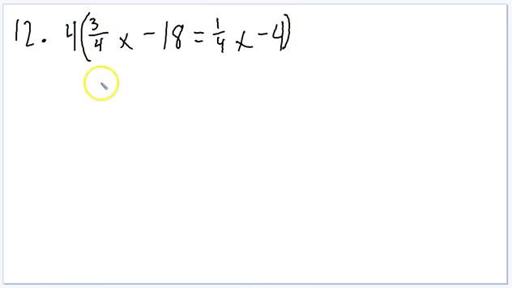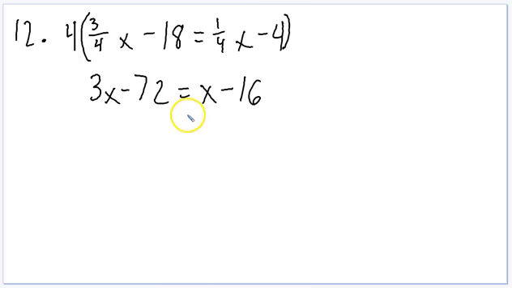So the 4's cross simplify to make 1s, so I'm going to end up with 3x minus 18 times 4, which is 72. Equals, the 4's cross simplify, so I just get an x here, and then 4 times 4 is 16, negative 16.